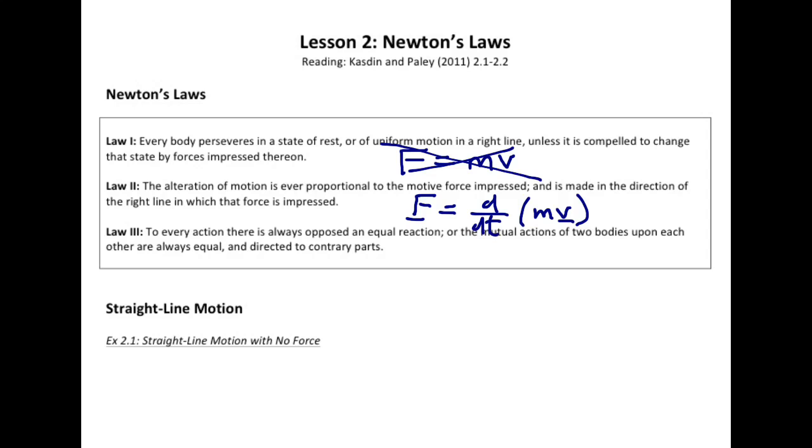Alright, so a couple things to notice here is that it's mv, and mv is linear momentum. So another way to write this is the time differentiation of p, which is linear momentum. Now we need to observe all of this, remember, is that we're taking our time derivative, and that needs to be in the inertial reference frame, and our velocity needs to be in the inertial reference frame, and our momentum needs to be in the inertial reference frame.